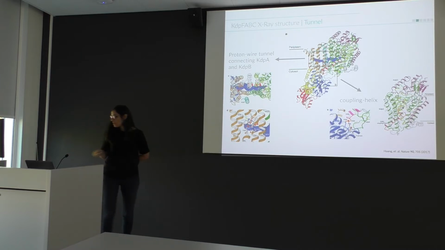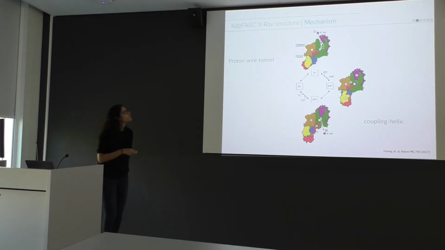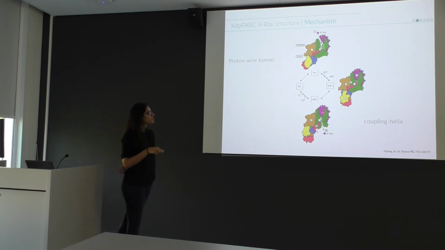So what they propose, and I'm showing it here in this schematic view, is that if a potassium binds through the selectivity filter of this subunit, the proton wire tunnel will send the signal and induce conformational changes in here, and these conformational changes would then pull on this connecting coupling helix and open up the channel.